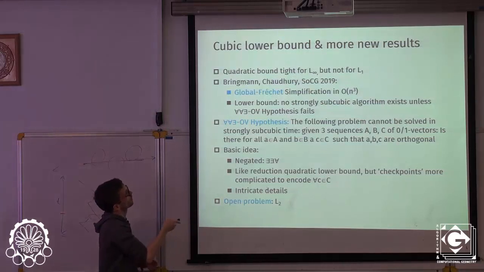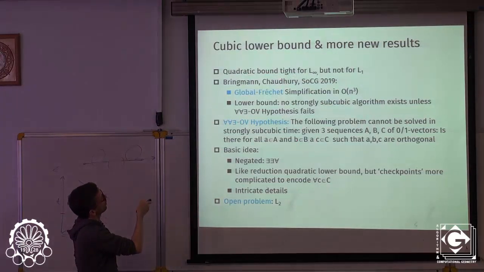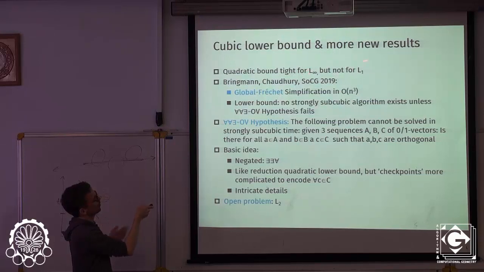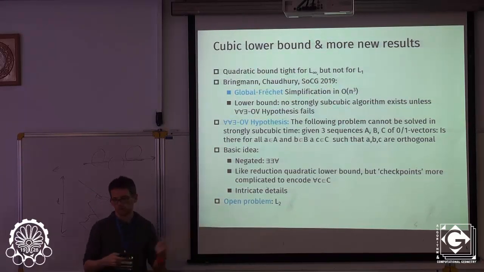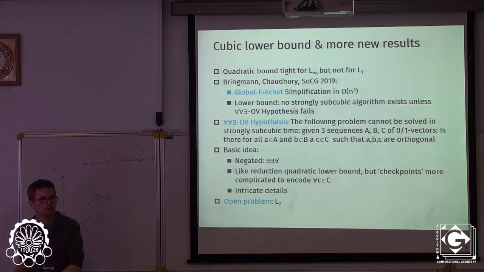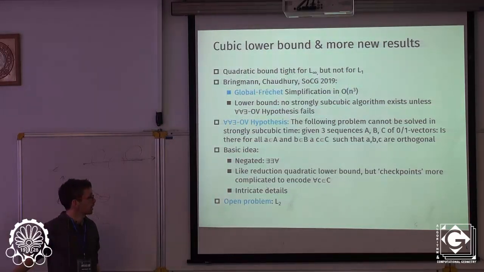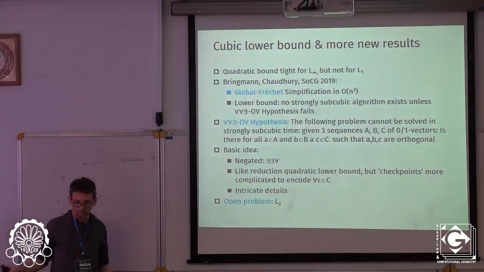For the L infinity norm, the quadratic bound that we showed was already optimal, but this, for instance, now gives you also an optimal bound for the L1, if I'm measuring distance with L1. L2 is still open, and you can look at their paper to see why L2 seems fairly difficult to solve, but it's an open problem.